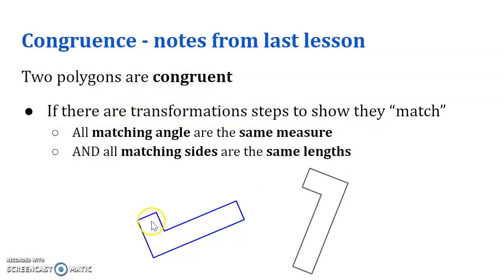If you can map this figure to match exactly to this figure using transformations, that's translation, rotation, and reflection, and it matches up every single part, then we can say they're congruent. And when that happens, we know that all matching angles have the same measure and that all matching sides are the same length.